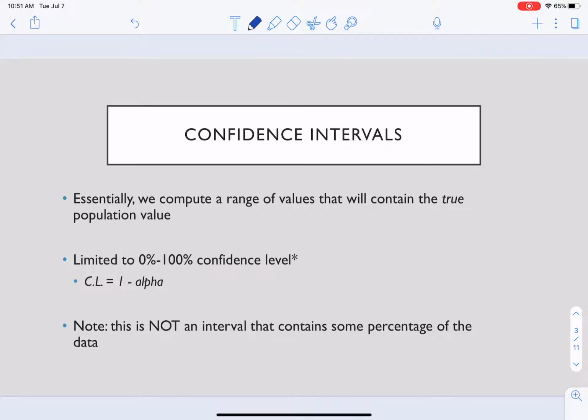Another thing that sometimes gets convoluted, or at least people get confused about, with confidence intervals is that usually we stick with 95%, just like how we stick with an alpha of 0.05. Same logic, just saying the same thing. What a confidence interval does not represent is some percentage of data.